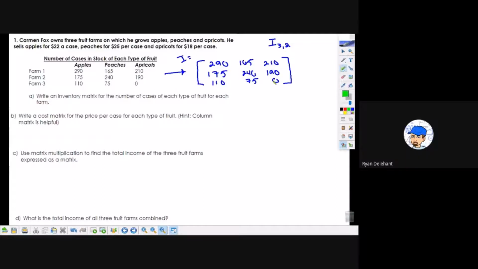So let's find that spot first. And this isn't part of this question directly, but I do want to look at it. So remember, this is 3rd row, 2nd column. So from the top, 1, 2, 3 over. So the number we're looking at is this 75. What is the meaning of that 75? It means that farm 3 has 75 cases of peaches.